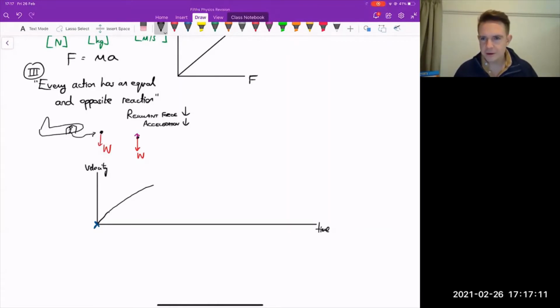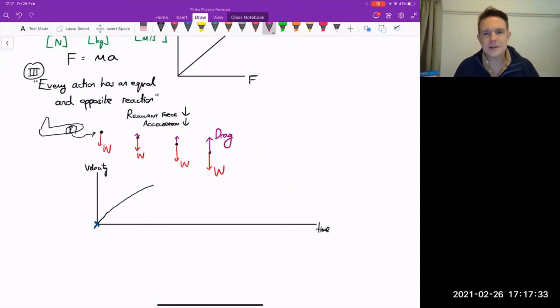This doesn't go on and on forever though, because the weight stays the same. The drag will get bigger and bigger until that magical moment that you all know, we reach a position where the forces exactly balance.